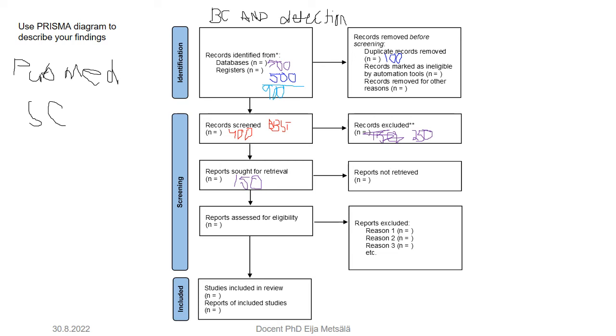And okay, now let's play. This is truly really imaginary study. We get 150 the kind of articles that seem to be the kind that we would like to read at full text level. Okay, we start reading them at full text level.